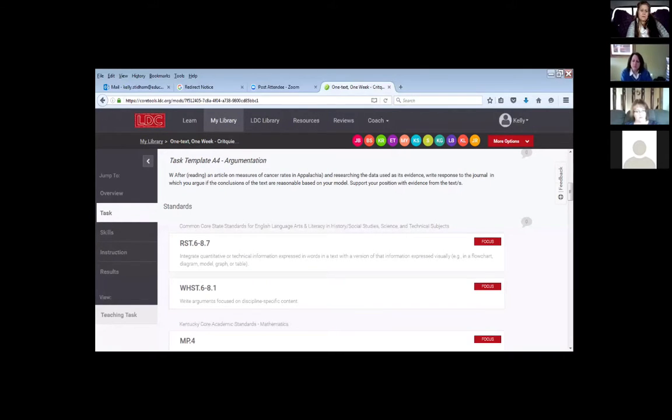So I kind of think if you're asking them to model, to come up with their own model basically, or figure out with their model whether the text was reasonable based on the model, it's almost like they're showing their work of how they figured it out.